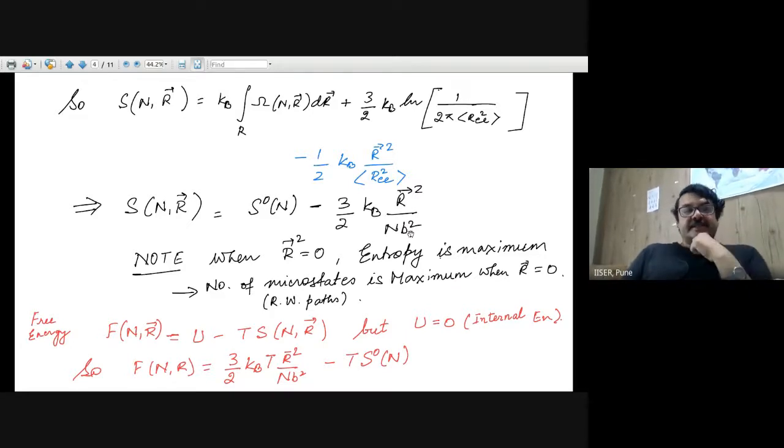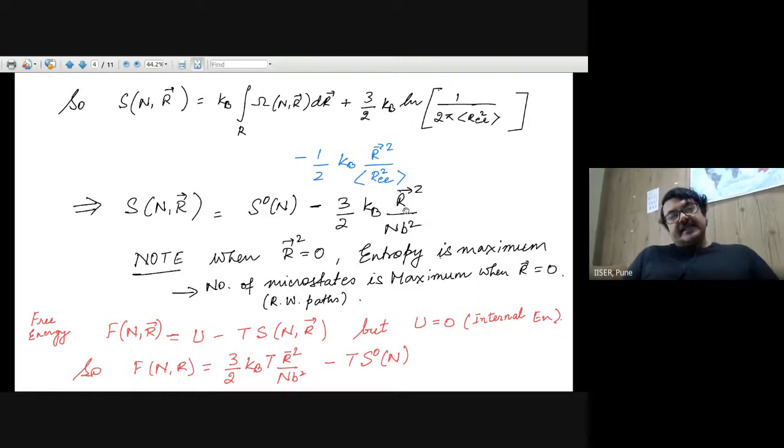So what does this say? When the R vector is equal to 0, you have the maximum entropy, and any finite value of the end-to-end vector R decreases the entropy.